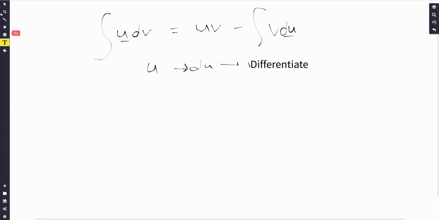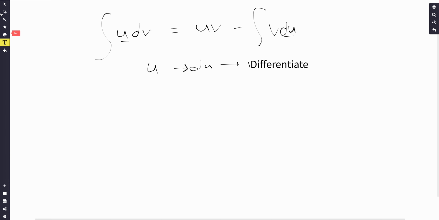When you're using actual numbers for this formula, there's a specific order you have to follow when choosing what to integrate. There's an easy mnemonic that I like to remember, called LIPET.